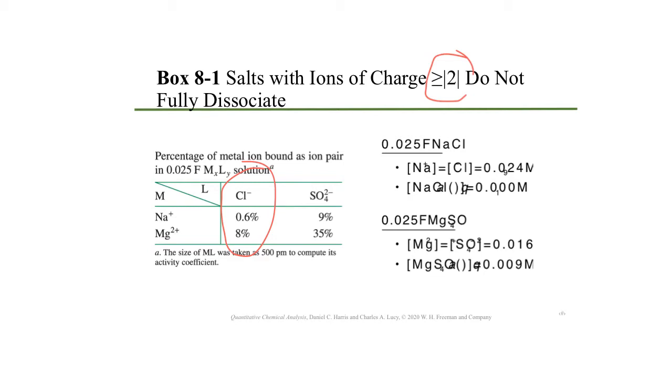If you look at Cl-, though, the Mg goes up because it's 2+, it goes up to 8%. But then MgSO4, or Na2SO4, again, is much higher in terms of the amount that is still bound as an ion pair in that formal solution of the metal and the ligand, as we're talking about here.